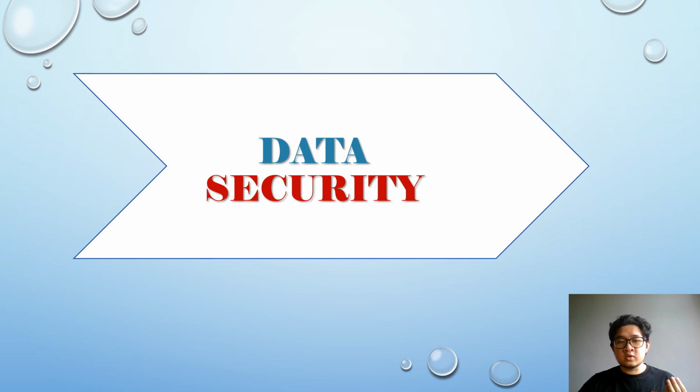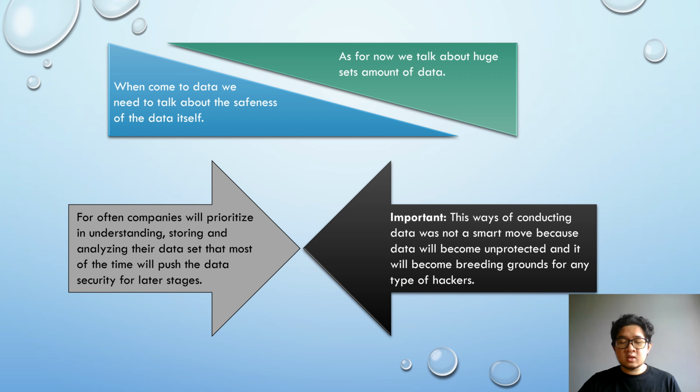And for the last point, we talk about data security. Security is one important thing that we talk about, in everything daily, no matter what types, what things. And when we talk about security, we talk about the safeness of the data itself. And for now, we talk about a huge, large set of data.